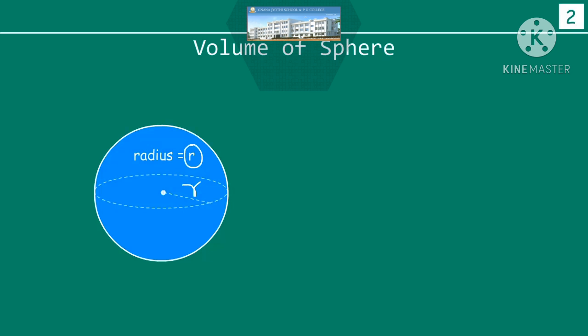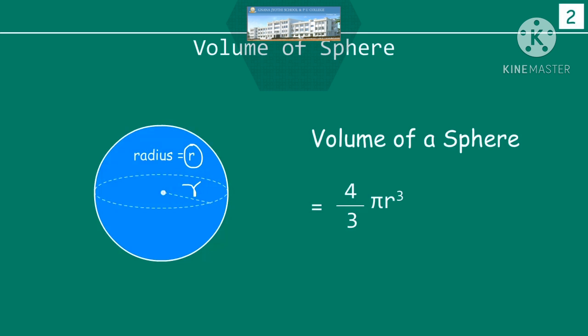So then the volume of this sphere will be equal to 4 by 3 pi r cube. So 4 divided by 3 times pi r cube. This is the formula for volume of a sphere with radius r.